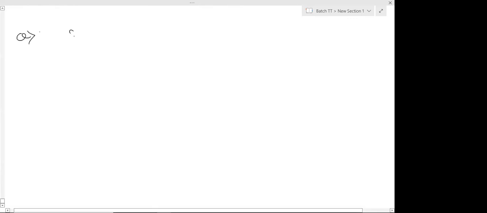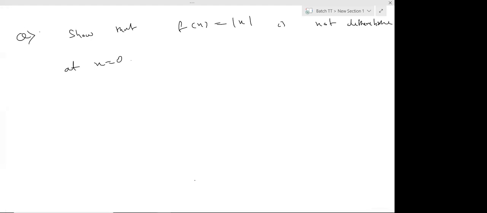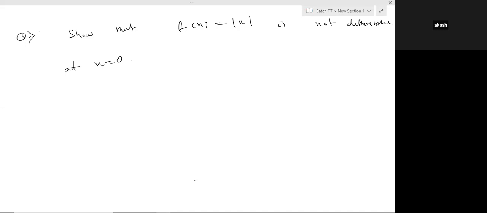Write down the question. Show that f of x equals mod x is not differentiable at x equals 0. All right.